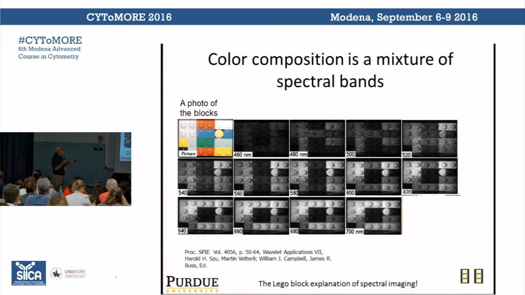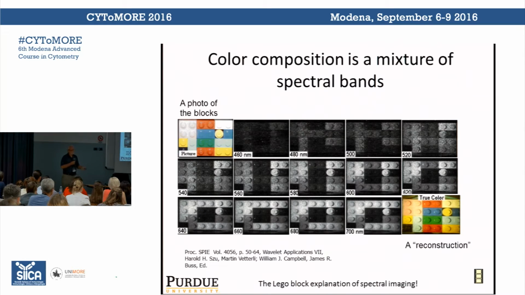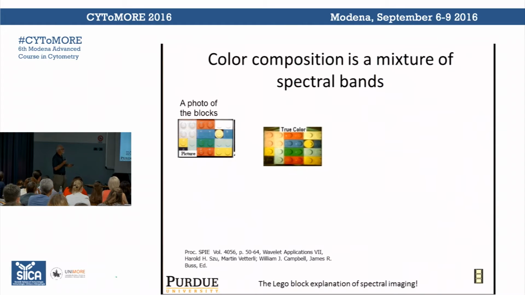And the spectrometer only has a 20 nanometer band, 460 to 480 nanometers. And here, 480 to 500, etc., etc. Now, none of these photos look very good. You wouldn't publish any of them. But if you put them all together, what you'll end up with is this. And this photograph is almost as good as the original.